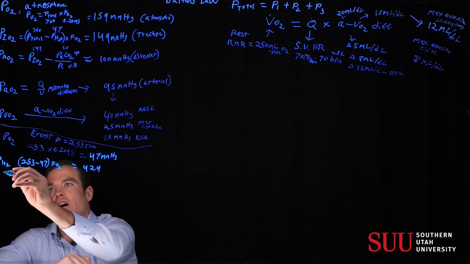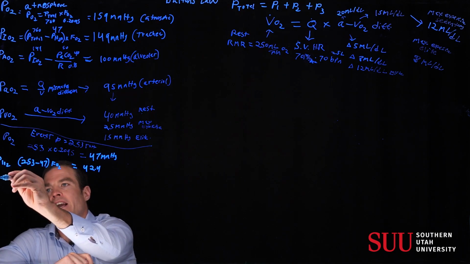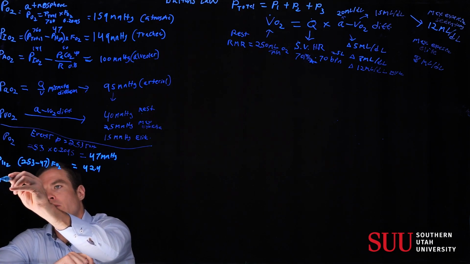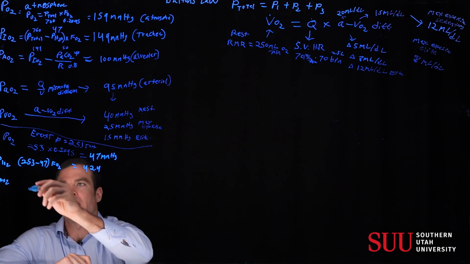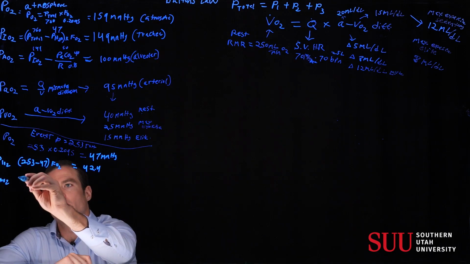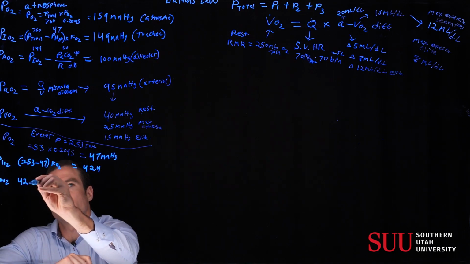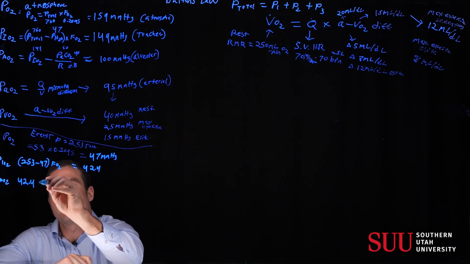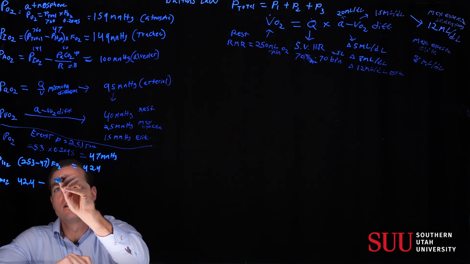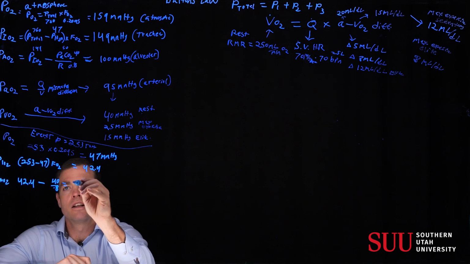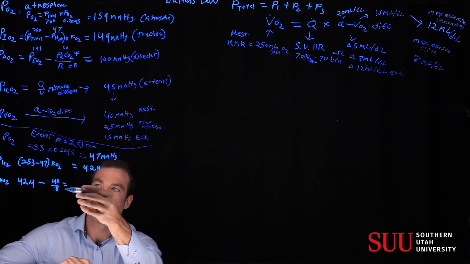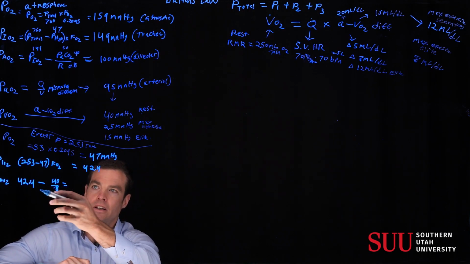Now let's go to our PaO2. PaO2, and how do we do that? We take our PiO2, which is 42.4, and we subtract, if we put 40 here, divided by 0.8 for the R. Look at this, 40 divided by 0.8 is 50.